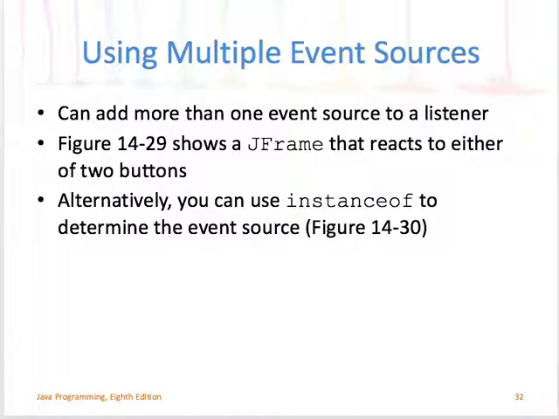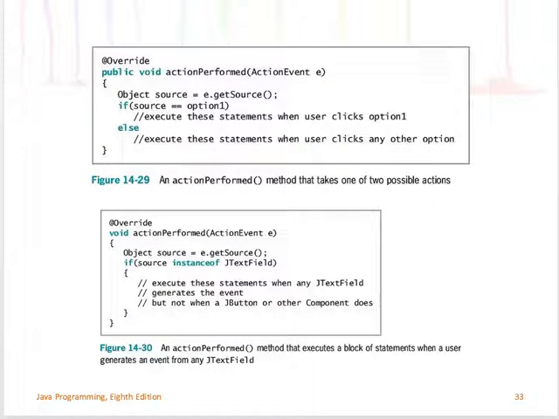Can use multiple event sources. Can't add more than one event source to a listener? In 14-29, if you look at it, yes, you can add more than one. Alternatively, you can use an instance of. So we have the override up here, Object source equals e.getSource. If the source equals the option, execute something else.